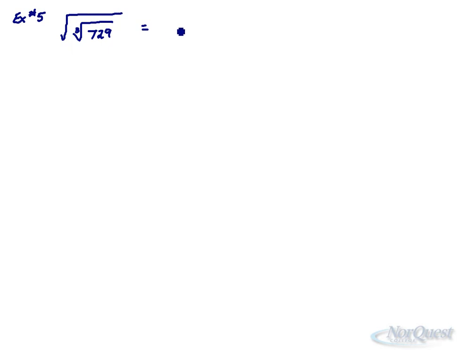You'll have 729 was the base. And since we're taking the cube root of it, it's really to the power 1/3. And then again, since we're taking the square root of it after, we'll put brackets around it, then take the square root, which is to the power 1/2.